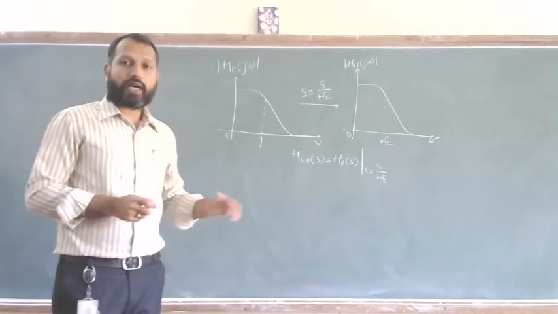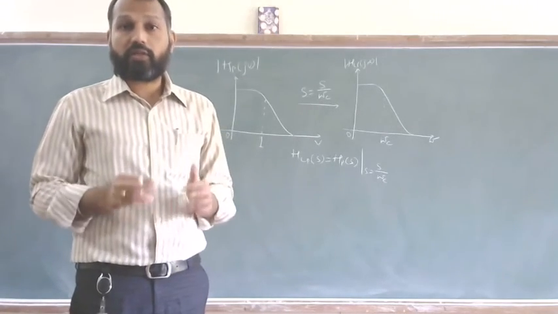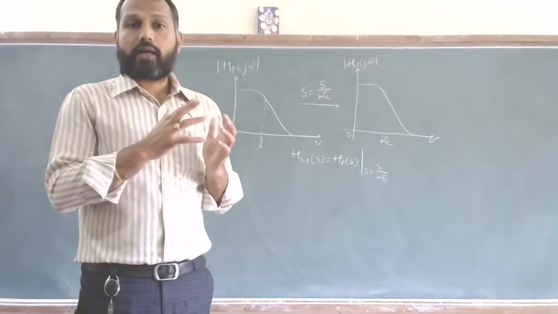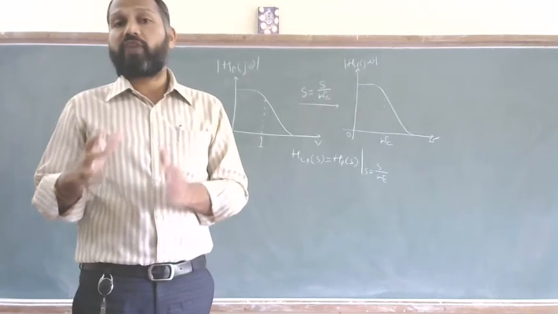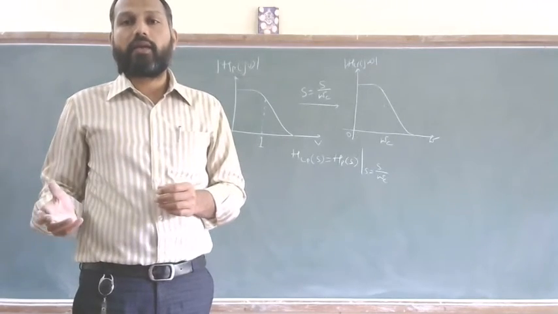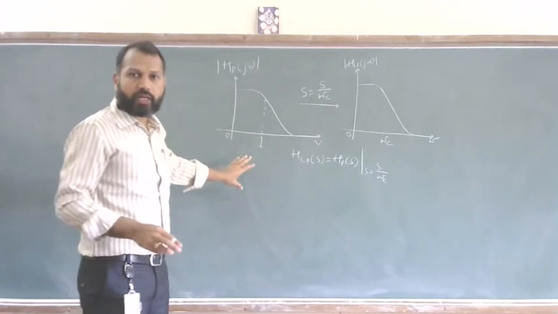Then we started with the low pass prototype transformation, in which we saw a procedure to convert a low pass prototype filter into a practical low pass filter, and the transformation has been depicted here.